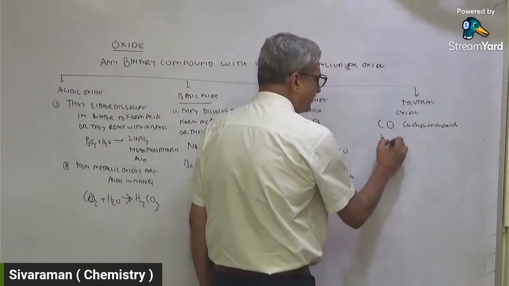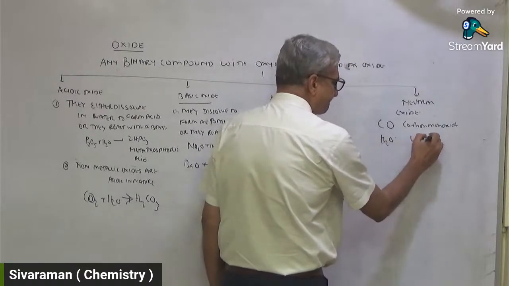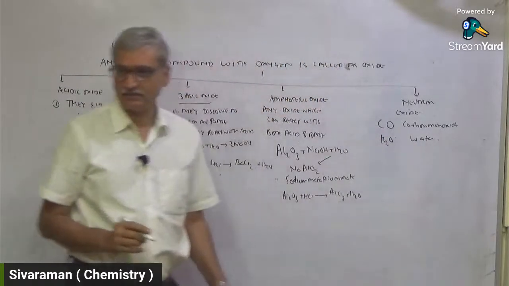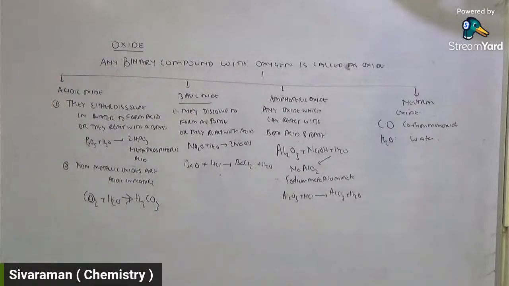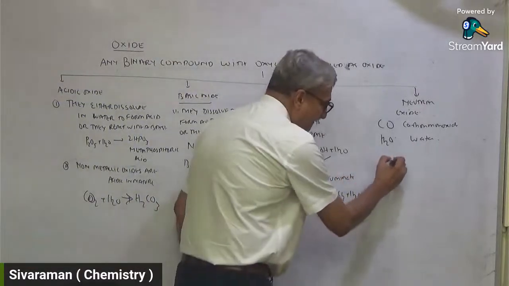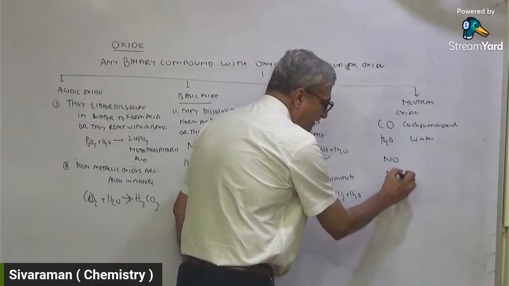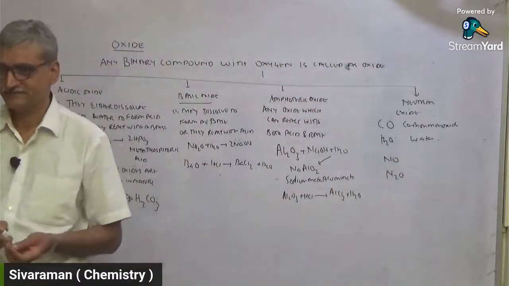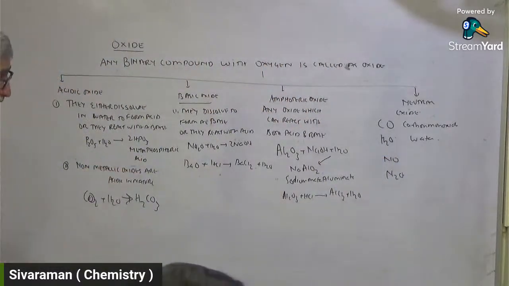And then you have water, of course, that's also an oxide. Take down NO, we have done NO and N2O also, we saw in group 15. We forgot that, so that also we have to include.